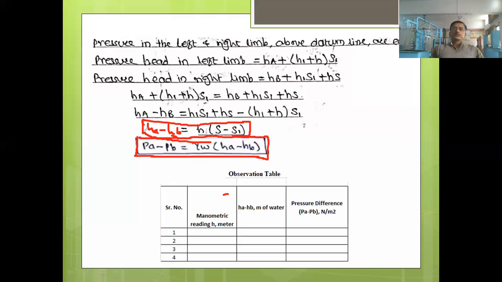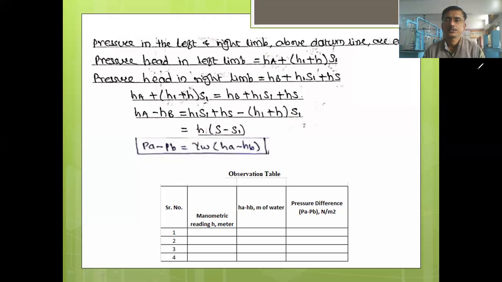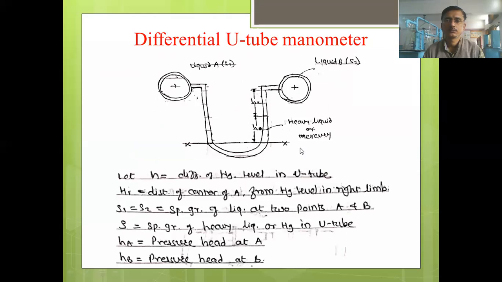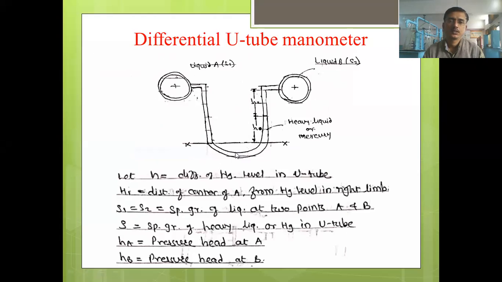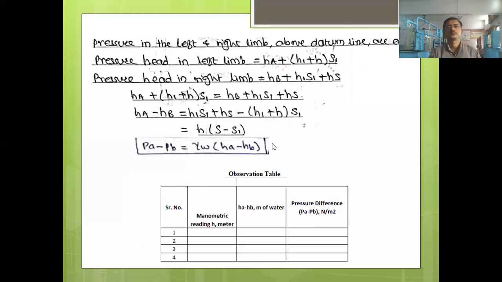HA minus HB is equal to small h into (S minus S1), where H is nothing but the manometric reading, S is the specific gravity of the liquid or specific gravity of mercury, and S1 is the specific gravity of the liquid flowing through the pipe.